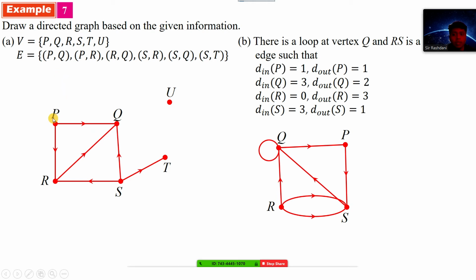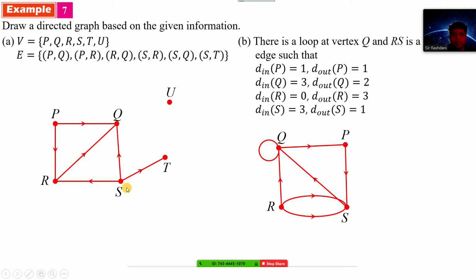So P to Q means the direction is P going to Q, like this. For PR, P will be our initial and R will be our terminal, so going down here. And then for RQ, R is our initial, Q is our terminal, so going upward.